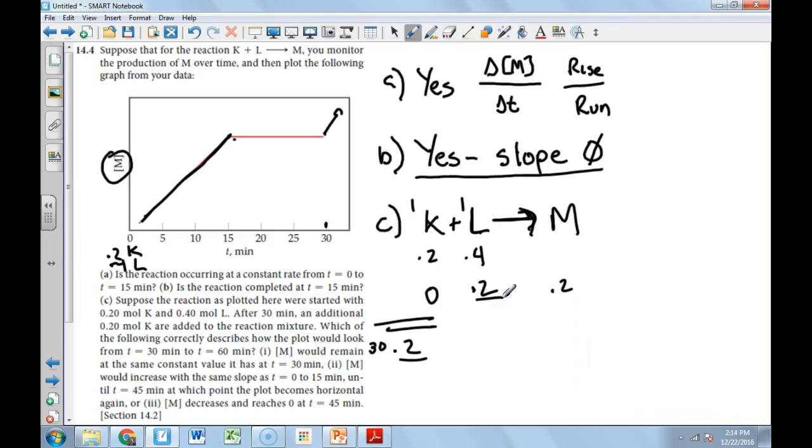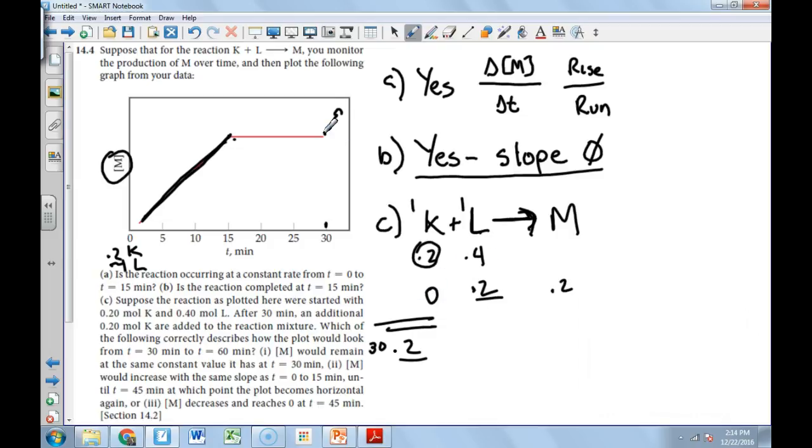It's tricky here a little bit. If I had to guess, it's going to react with the same speed, because all that this is contingent on is how much K there is. And once we get down to 0, it's done.